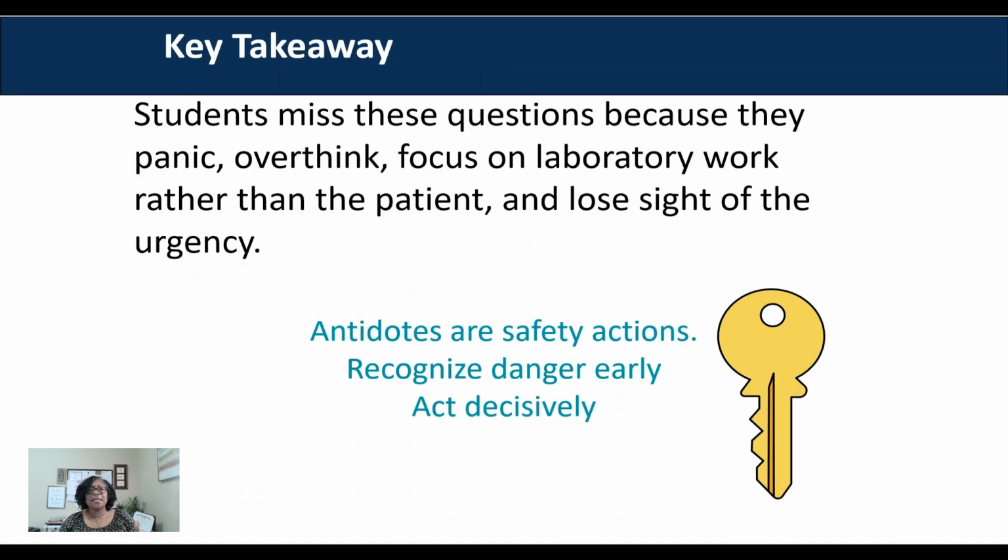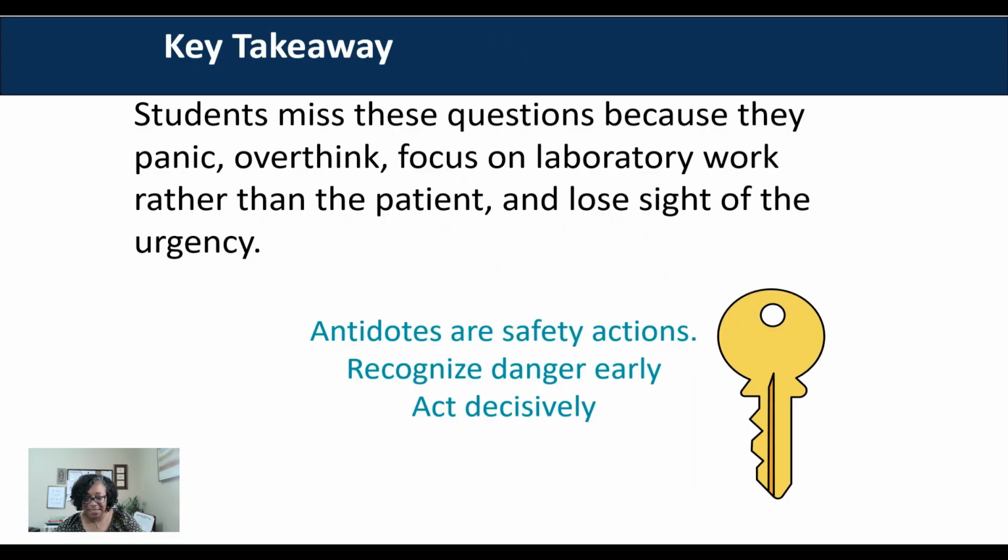A lot of the time students really have problems because they tend to panic when they see this question on the NCLEX. They overthink. We see a lot of times students overthink. They may focus on the labs instead of focusing on the patient, because we say you have to look for supporting a patient's airway if they're having respiratory depression, things like that. They focus on just the labs, and then they forget I need to hurry up and act on it, because the NCLEX rewards you to be a safe, calm, competent nurse.